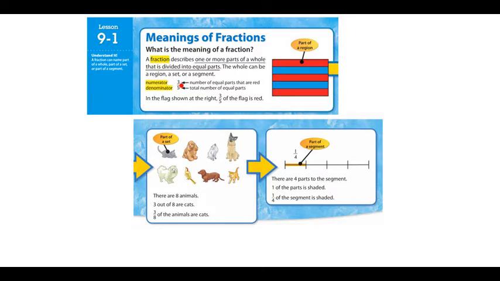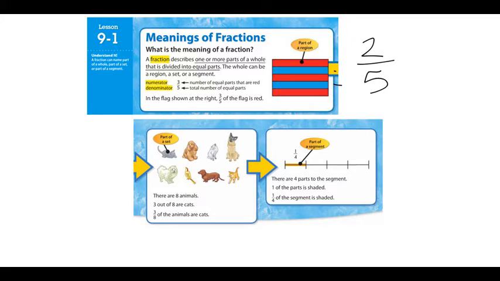Well, the numerator here is showing that 3 is the number of equal parts that are red, 1, 2, 3, and then there's a total of 5 equal parts, so there's just 3 red, 4, 5 total parts. Okay, so 3/5 of the flag is red, so that means the fraction of the flag that's not red is the 2 blue, so 2 out of 5, or 2/5.